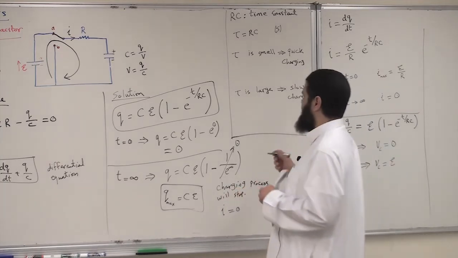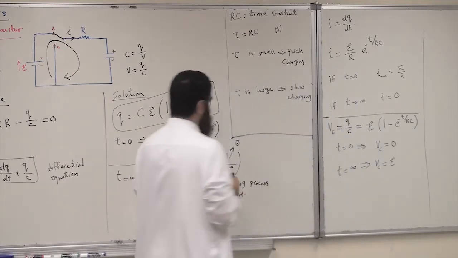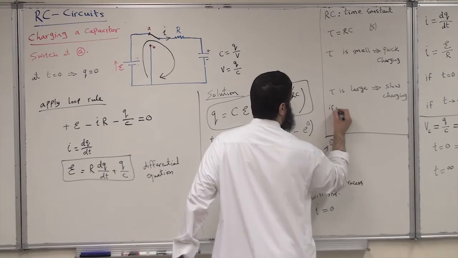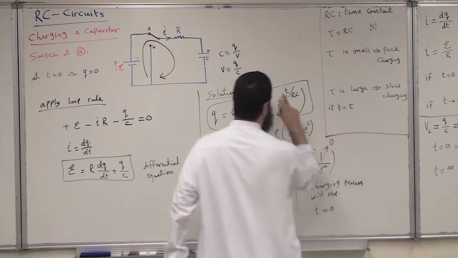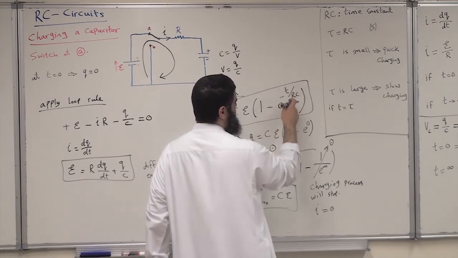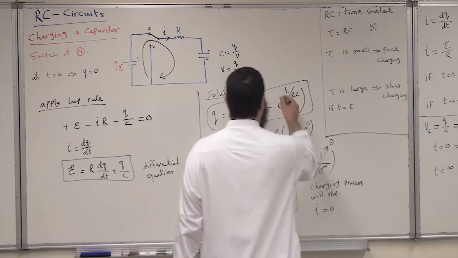Okay, we can see the following: Q, if t equals tau, if the time equals RC, so this will be e to the minus 1. Okay, and this will be 1 over e.